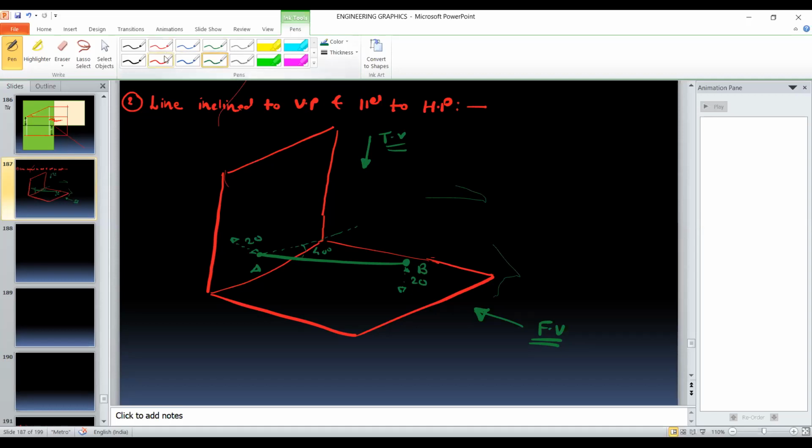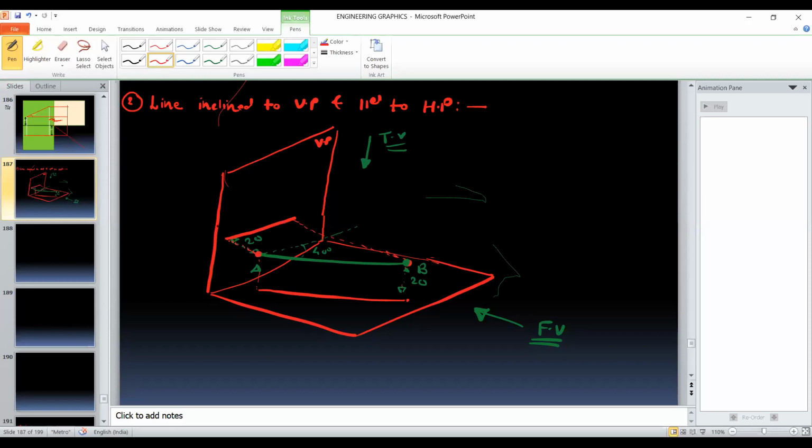After projection, you can observe. If you draw the projection lines from point A and from point B, then this is the projected view. This will give the true length. And if you project points A and B on the vertical plane, like this, then you will observe the reduced length.